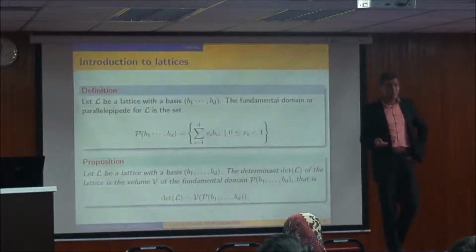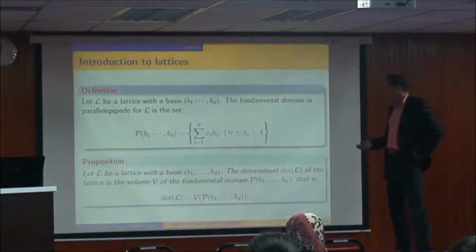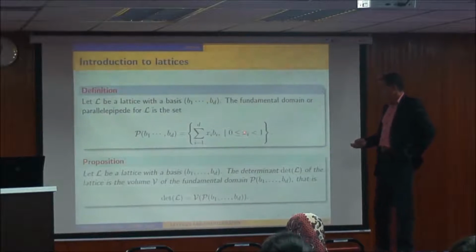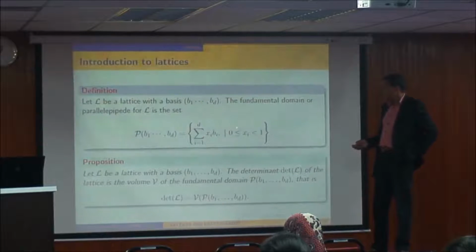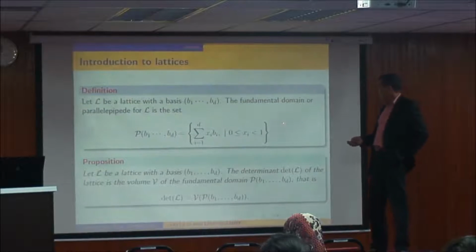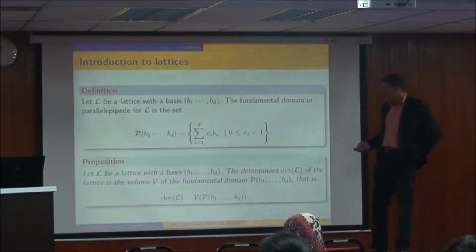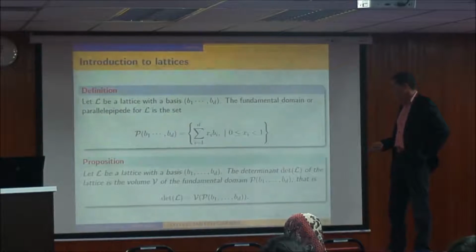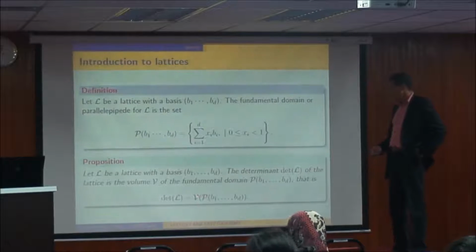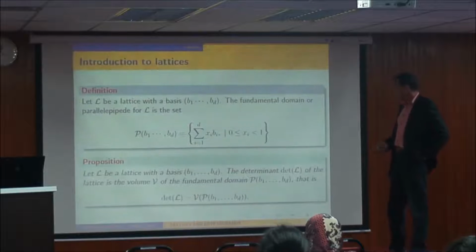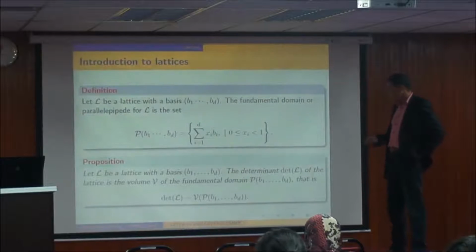But you can see that here we are using coefficients real from R, not only from integers. This fundamental domain is important for the lattice, because we can find that the determinant of the lattice is in fact the volume of the fundamental domain.